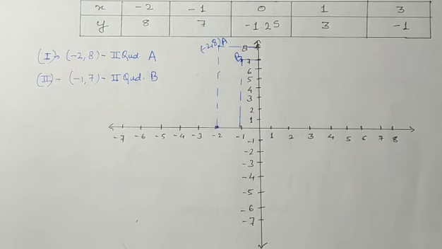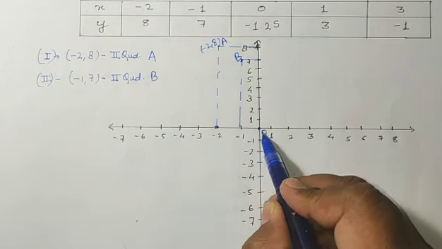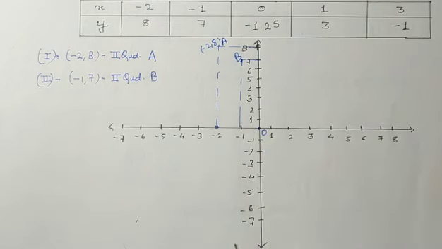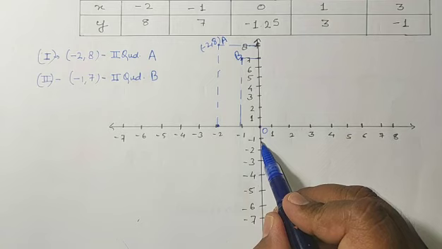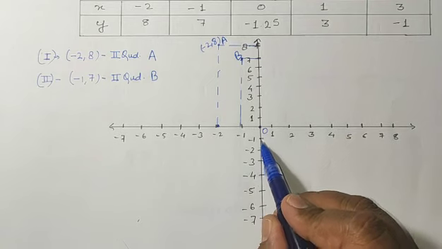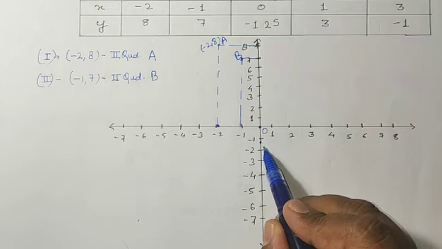Third is 0, minus 1.25. So towards the x direction, this is the origin, students. Towards the x direction it has not traveled, means x is 0. At y it is minus 1.25. So minus 1.25 will be like here, in between 1 and 2.